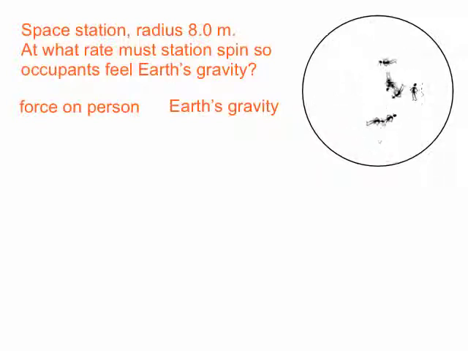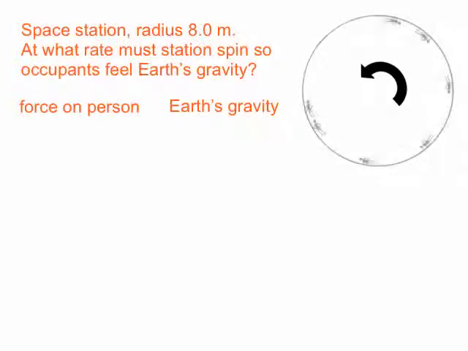Certainly if we're going to put man in space long term, we need to be able to simulate gravity. We don't want weightlessness. If we don't, we're all floating around. We don't want to have that situation. It would definitely hurt us. So we've got to watch our spin, because if the spin is too large, well, then we'd end up being flattened against the sides of the space station.